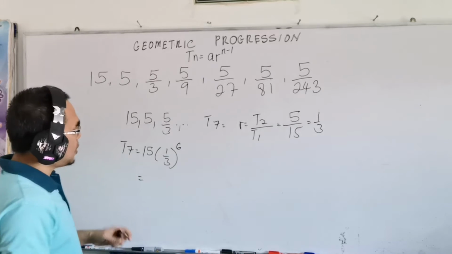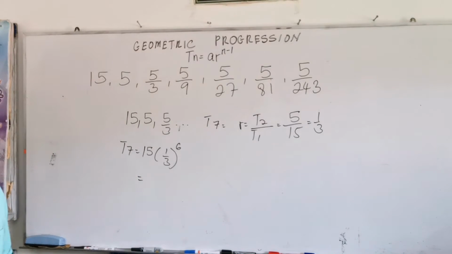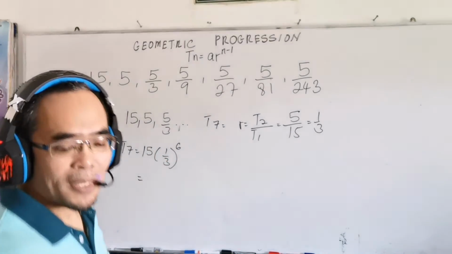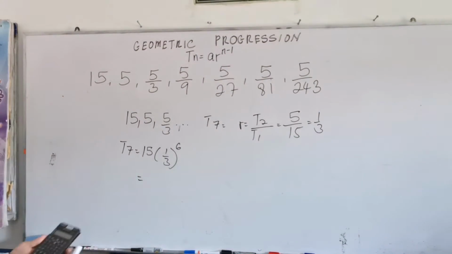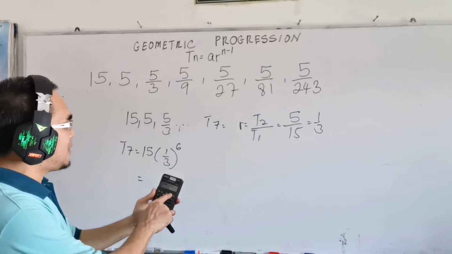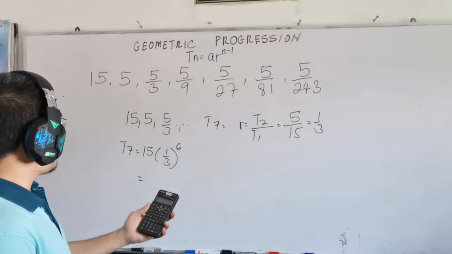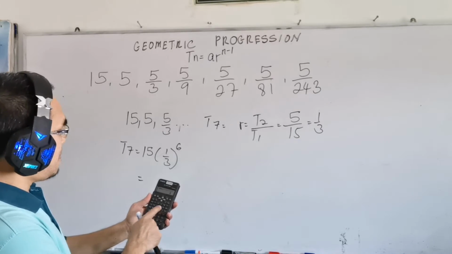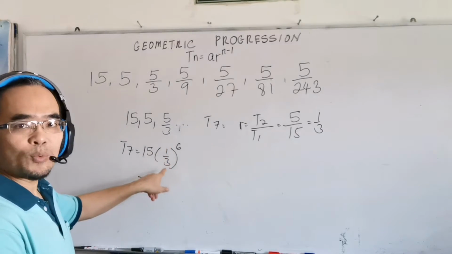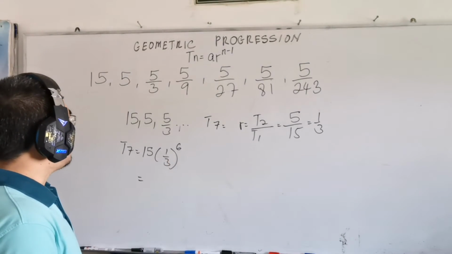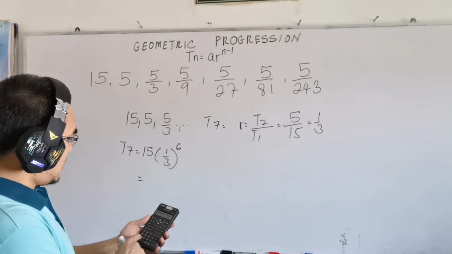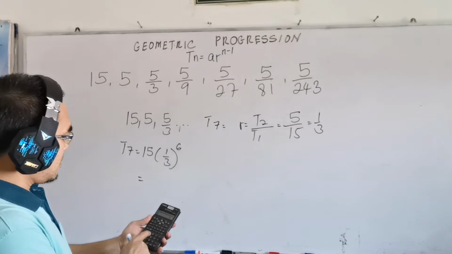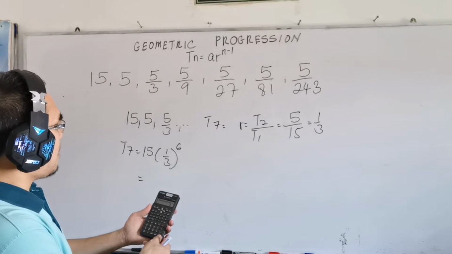The order of operation in this case will be 1 over 3 to the power of 6 and then multiplied by 15. If you are using a calculator, it is already programmed to do that job. Make sure you put the 1 over 3 inside a bracket, because that is the only thing the calculator might not understand if you don't put it properly.